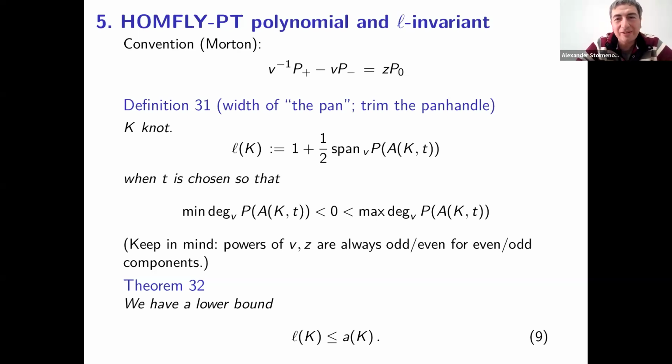I'm using the HOMFLY polynomial in these variables v and z, which are mostly used by Morton. And I define a quantity which I call L, and L is like the bound in Morton-Franks-Williams for the untwisted annulus, for the twisted annulus, but I have to choose the framing properly so that the minimal degree in v is negative and the maximal degree is positive.